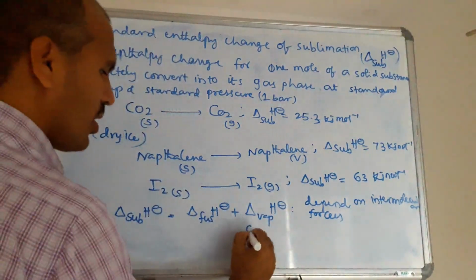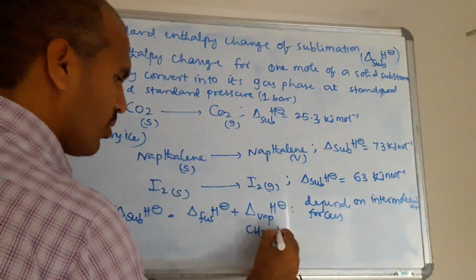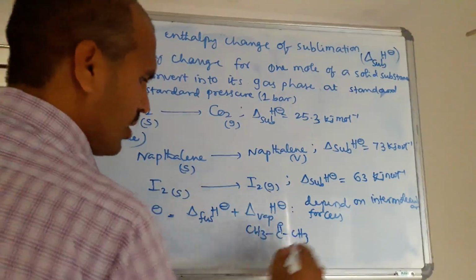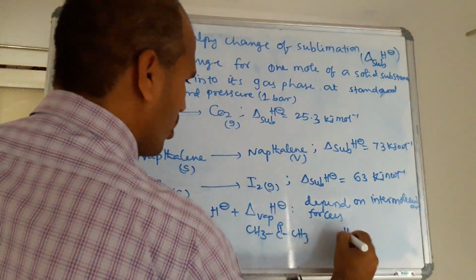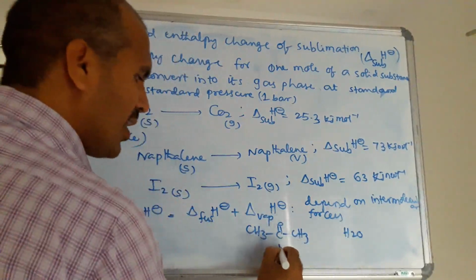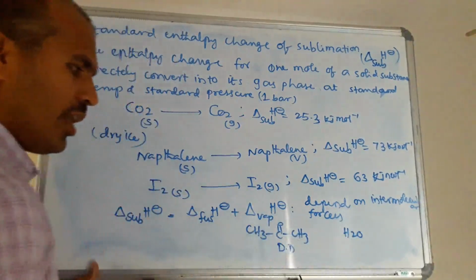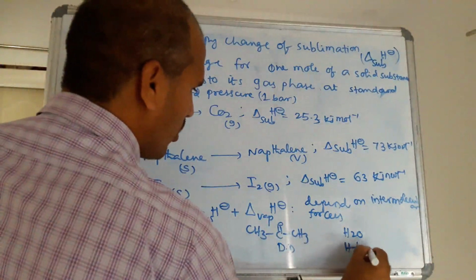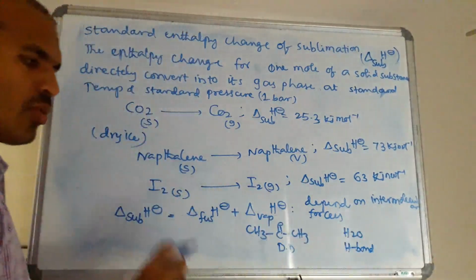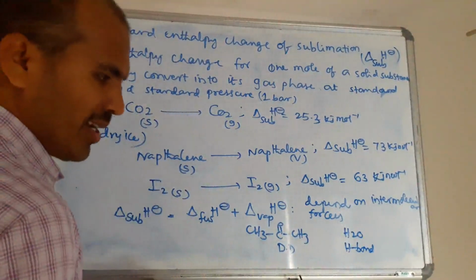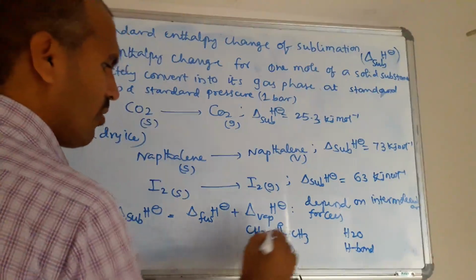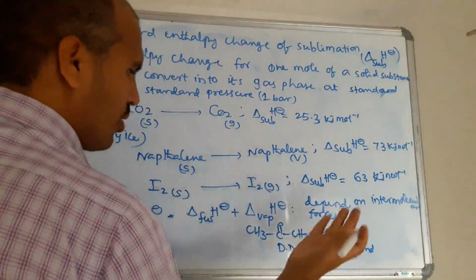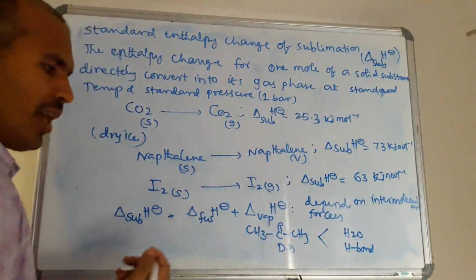For example, consider acetone. Acetone's formula is like this: CH3, C double bonded to O, CH3. Another one is water. Acetone has dipole-dipole force. Here water has hydrogen bonding. Hydrogen bonding is somewhat stronger than dipole interaction. Therefore, the phase transformation value for H2O is greater than that for acetone.